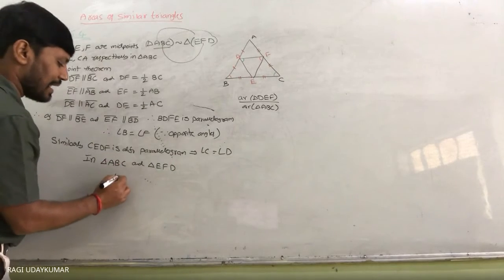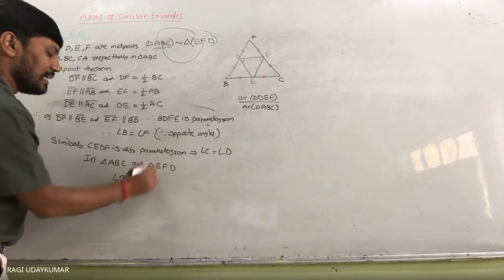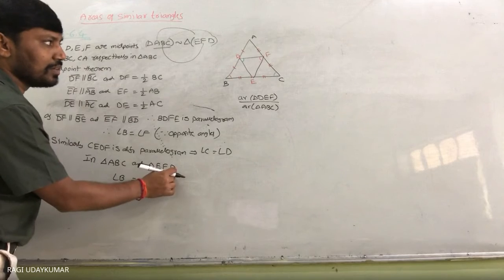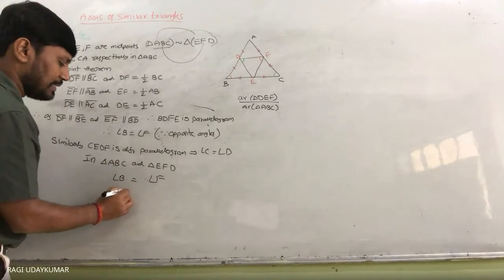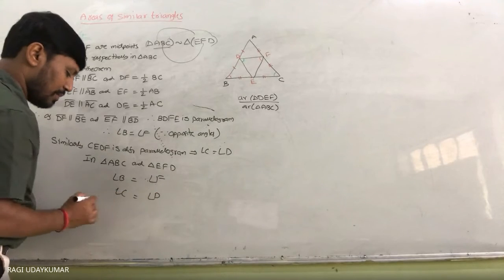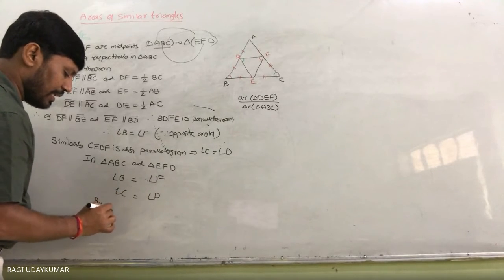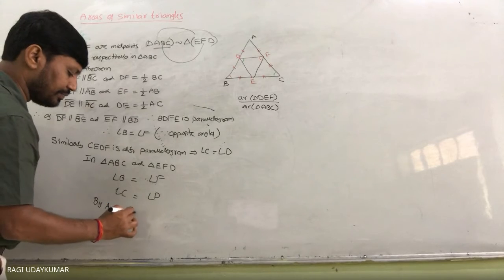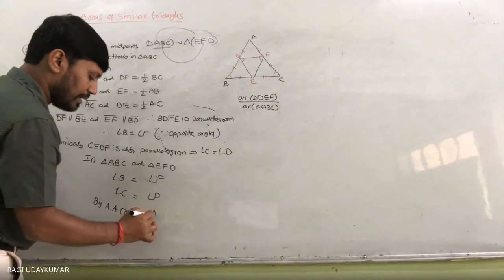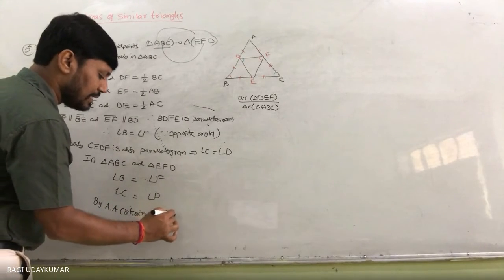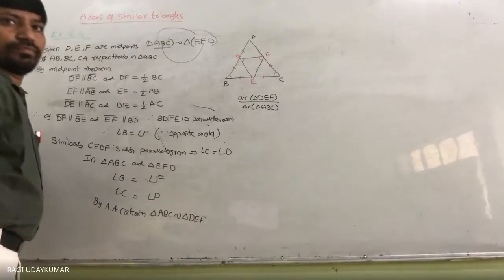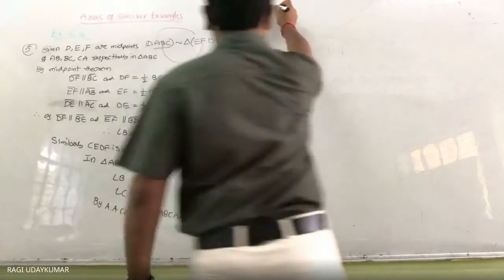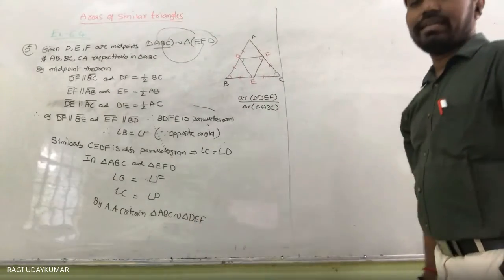In this triangle, angle B is equals to, in this triangle EFD में F को equal, B equal to F, C equal to D by AA criterion. Triangle ABC is similar to triangle DEF. Triangle ABC is similar to triangle DEF.